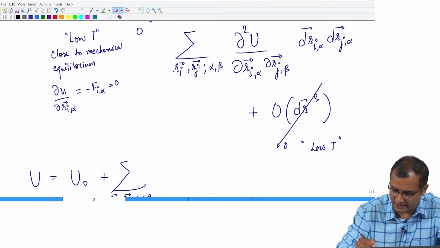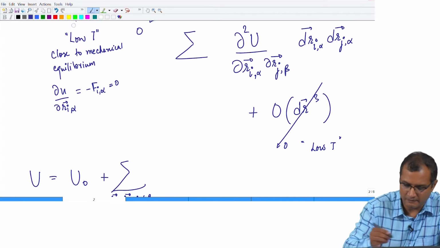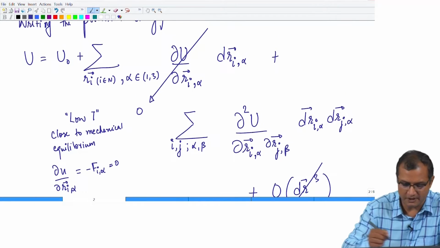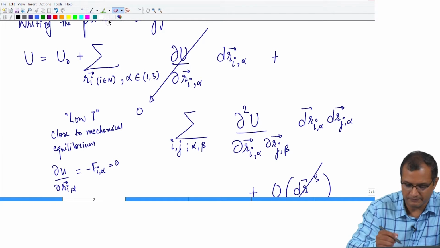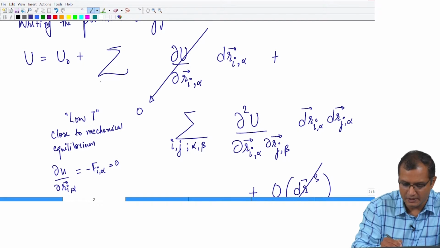So, let me just write it as I comma j and alpha beta, and the same here I am going to just write this as a summation over I alpha.